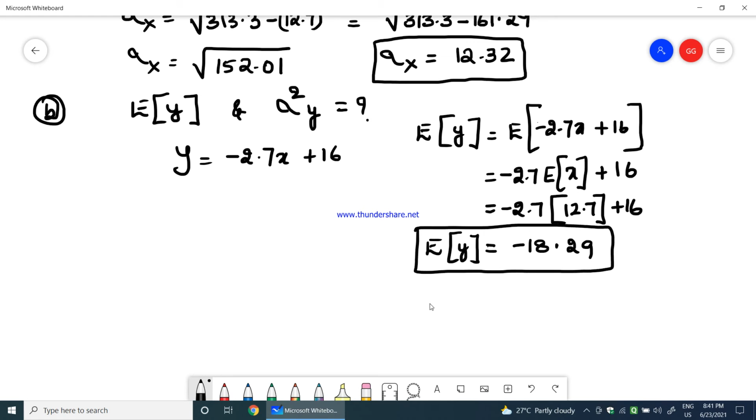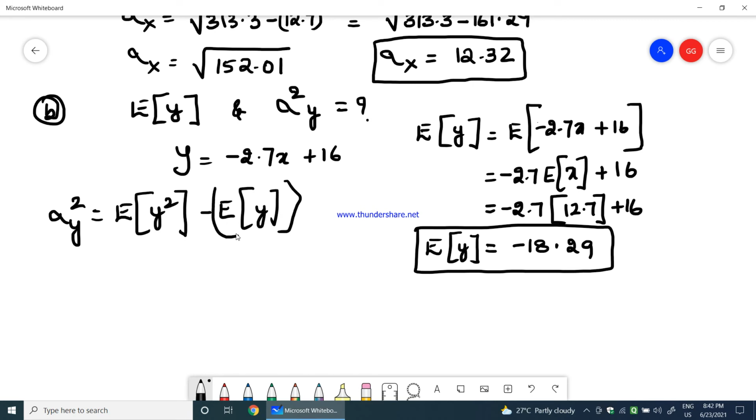Okay. Now you need to find out what is the variance of y. But the problem is, we know the formula that variance of y would be equal to expectation of y square minus expectation of y the whole square.